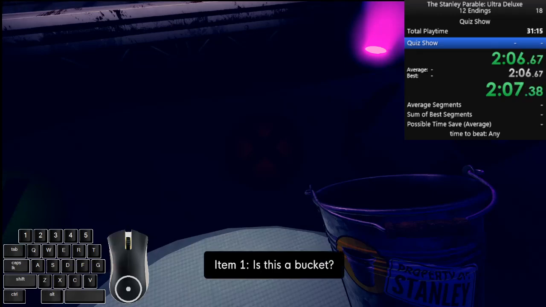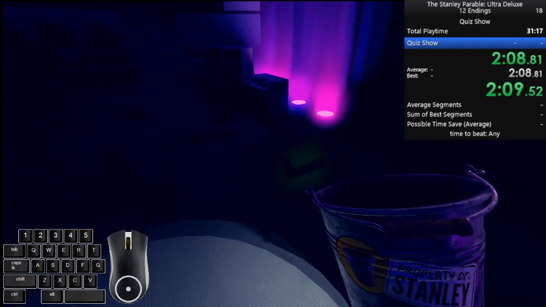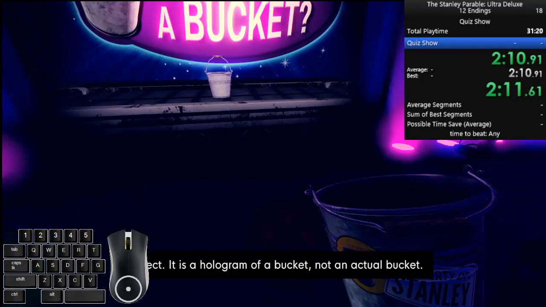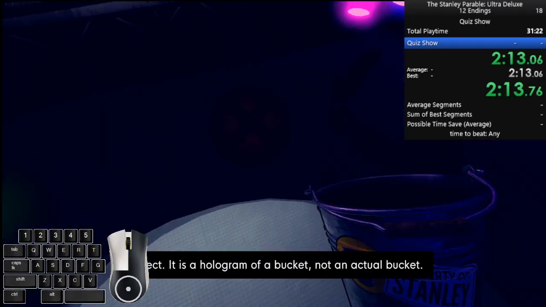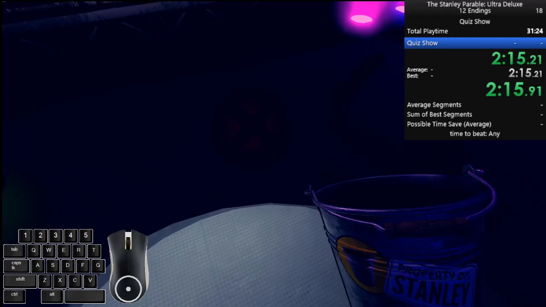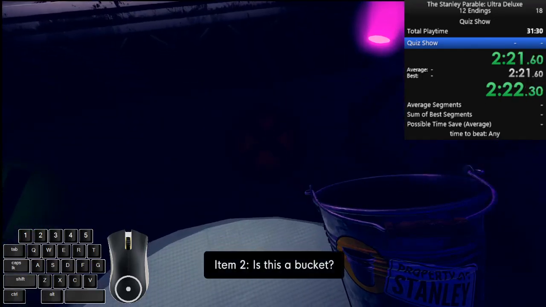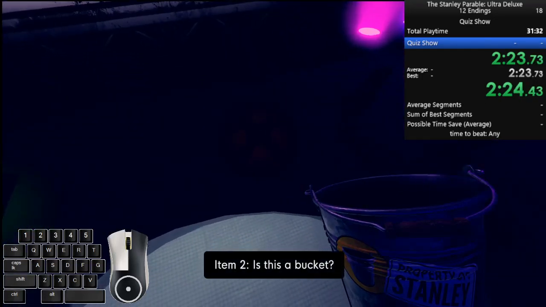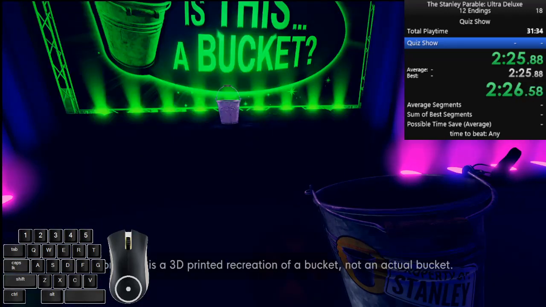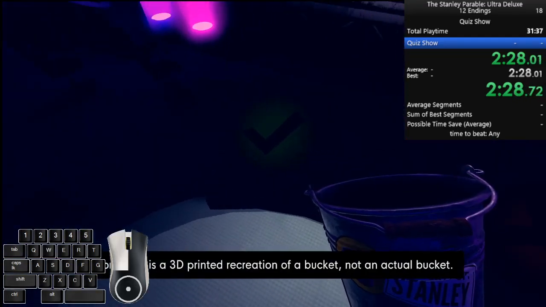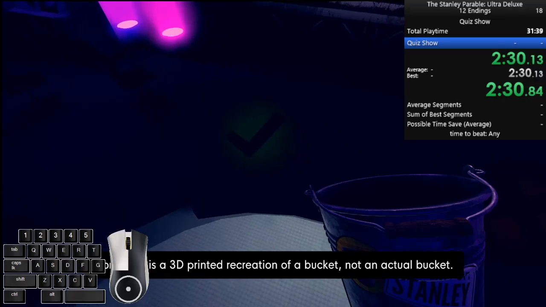Item 1. Is this a bucket? Correct. It is a hologram of a bucket, not an actual bucket. Item 2. Is this a bucket? Correct. It is a 3D printed recreation of a bucket, not an actual bucket.